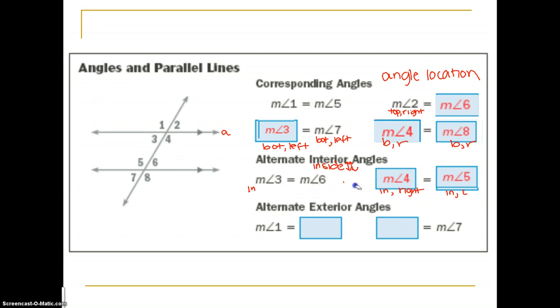Alternate exterior angles. Exterior means outside. So it's your outside angles. Outside angles are 1 and 2, 7 and 8. And we're alternating. So 1 is top left, 8 is bottom right.